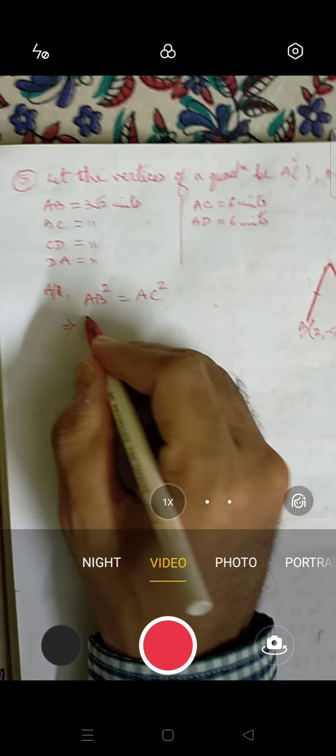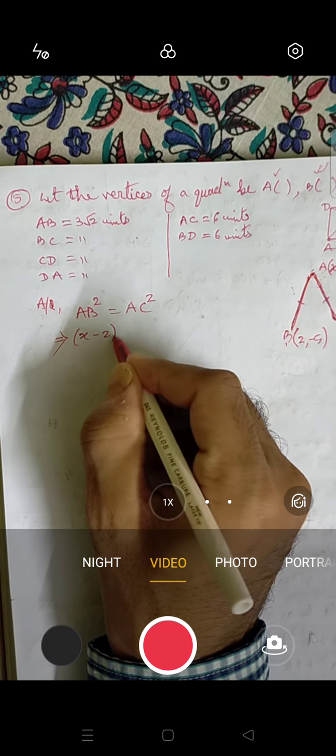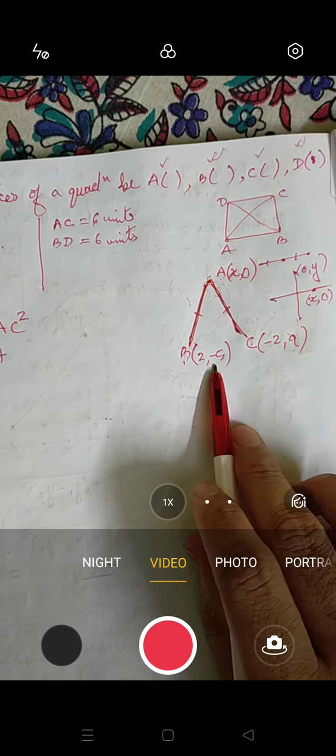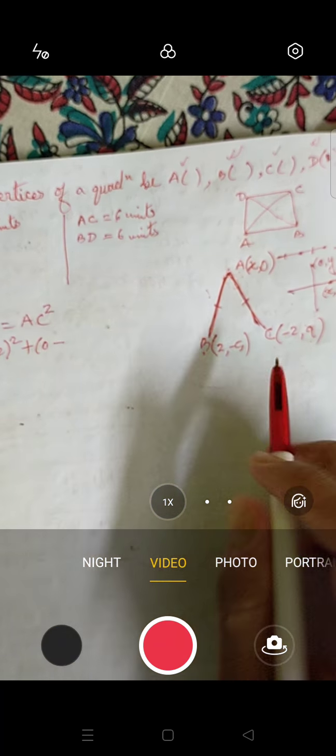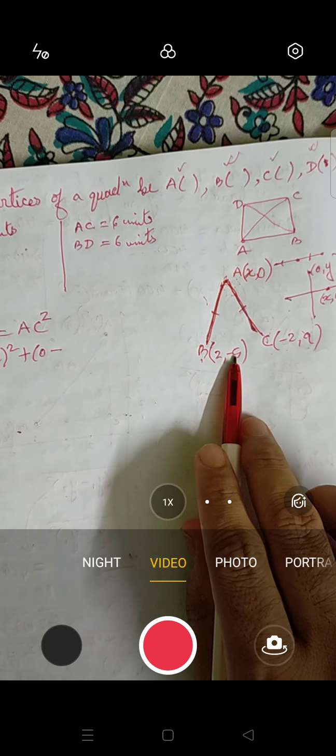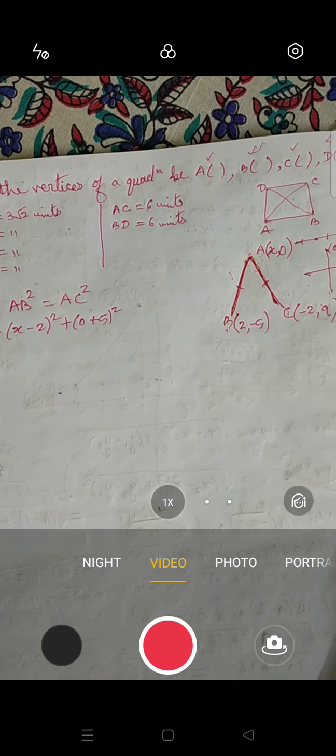That means x minus 2 whole square plus y1 minus y2. That means 0 minus y2. So y2 is minus, so minus minus becomes plus 5 square. Is it clear?